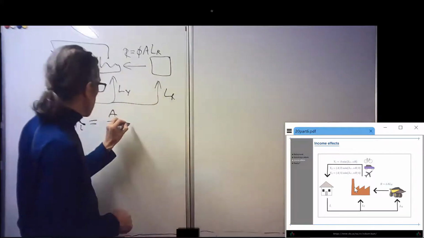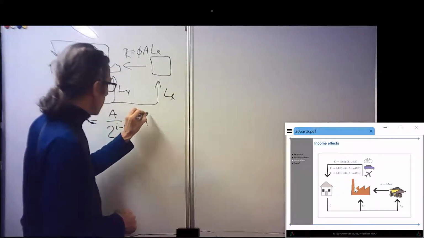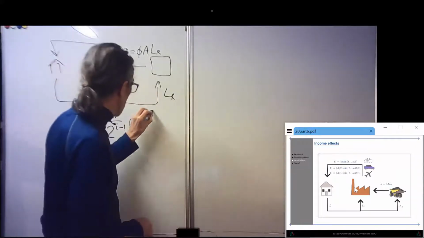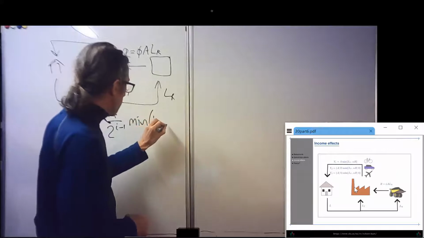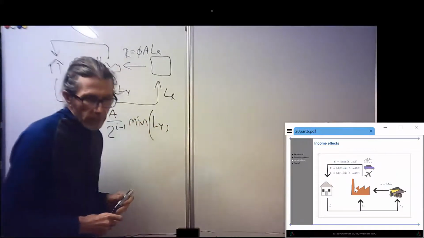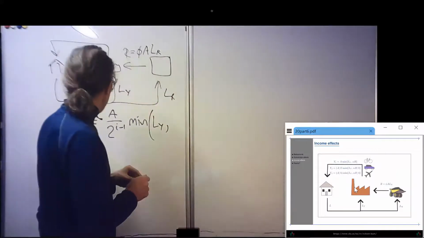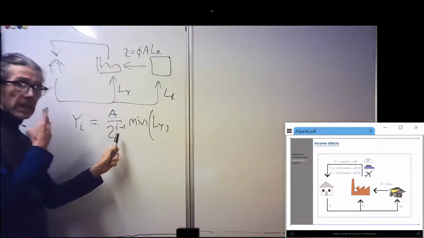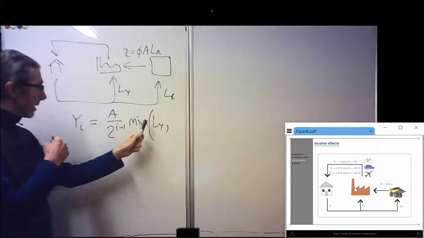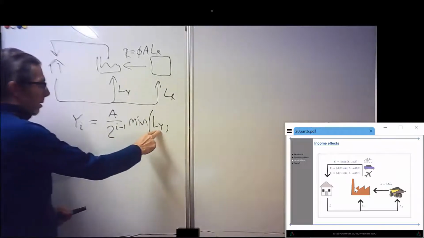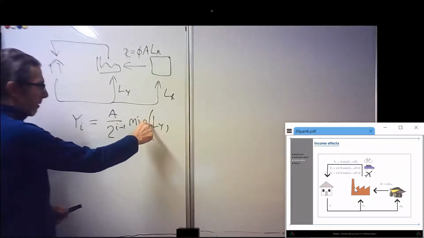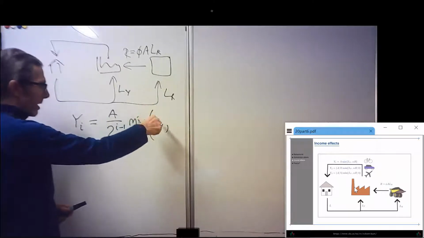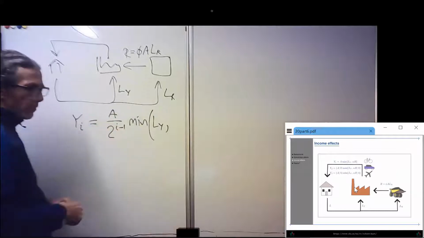So then we've got times the minimum of 2 inputs. So we've got a Leontief production function, haven't we? And one of the inputs is just Ly. So it's looking very much as if these products are indeed getting more and more expensive as we go down. Because there's no pre-multiplier of A with 2 to the I, which is getting bigger while this is getting smaller.